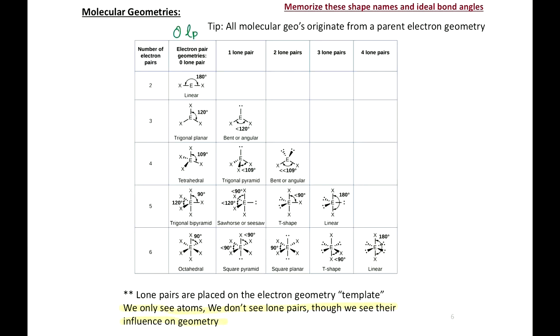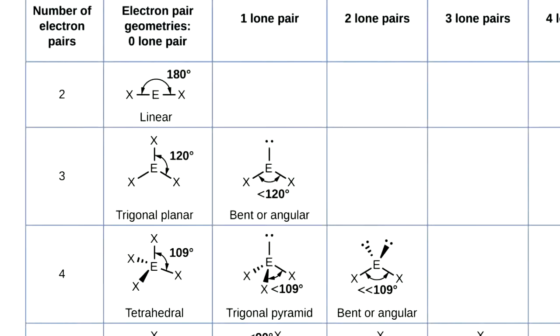But once we start adding lone pairs to our structure, so let's say we have a trigonal planar electron geometry, but one of those domains is a lone pair, we just make one of those domains a lone pair, and we put it like that. The idea here is that we only see bonds, we don't see lone pairs.